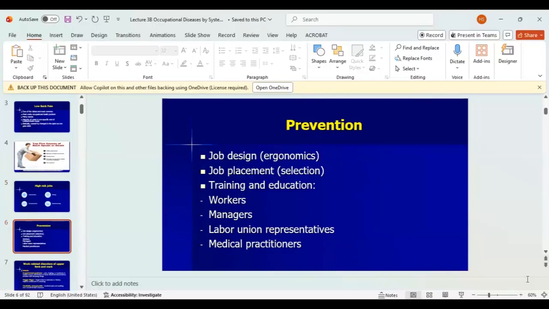In terms of prevention, a number of options are available to prevent some of this problem. Job design, the whole area of ergonomics, job placement, you select the right person for the right job. You design the workstation to fit the worker, right?